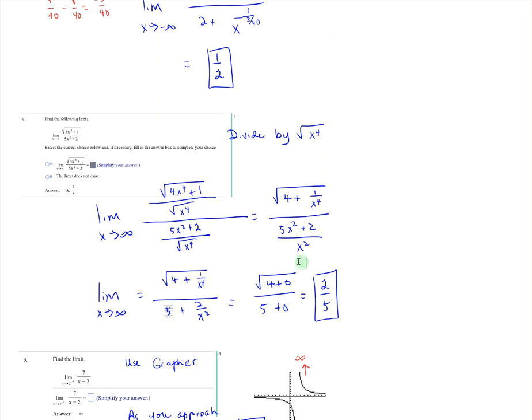And then we have 2 over x squared. And then on top we have the square root of 4 plus 1 over x to the 4th. Well, the limit as you go to infinity, this piece goes to 0. This piece goes to 0. And so you have the square root of 4 over 5. That's 2 over 5. And that should be our answer.